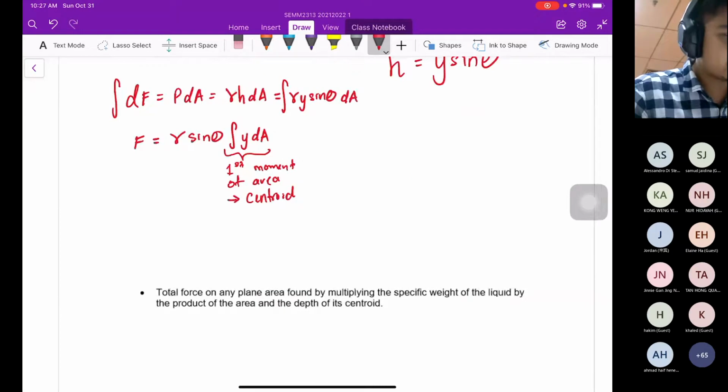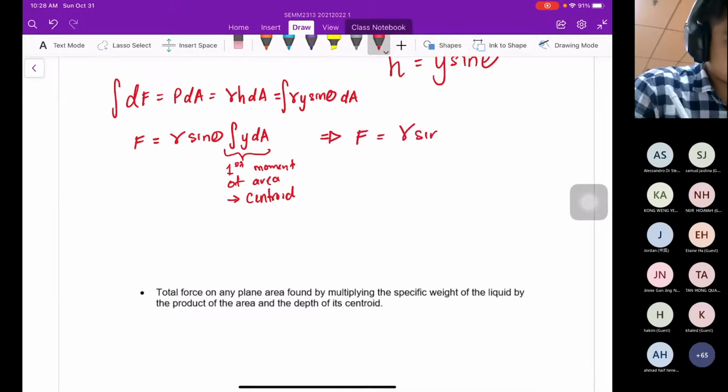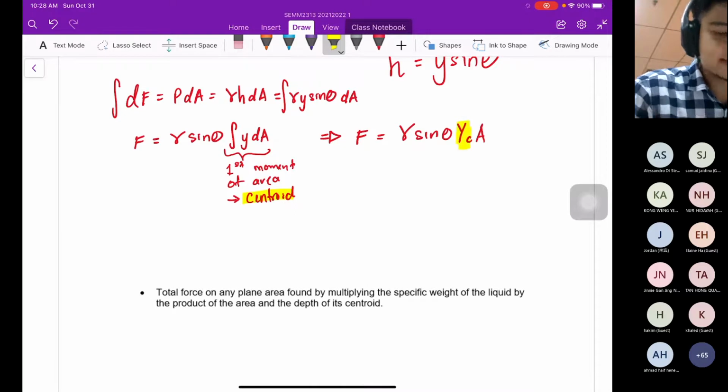So once you look at the formula, it will be like this. The resultant force is equal to gamma sine theta. This y will be yc, centroid. Okay, remember it is used to find the centroid. That is why it is replaced with yc.